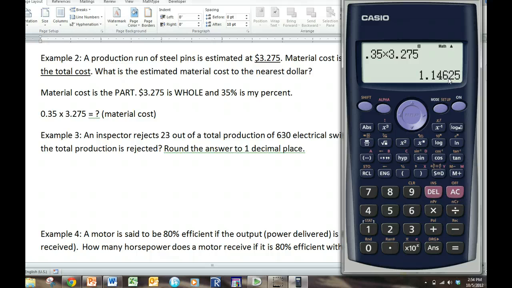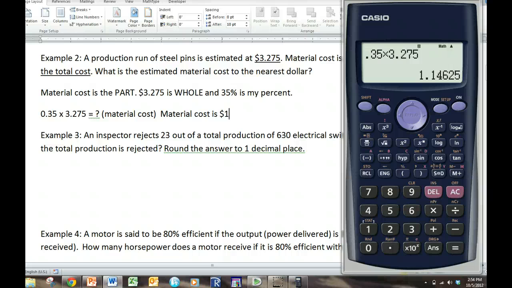Now, as soon as you see these big numbers, you should reread the problem to see how you have to round it. It says I want to round it to the nearest dollar. So I would round this to $1. So I come back in here and I say that the material cost is $1.